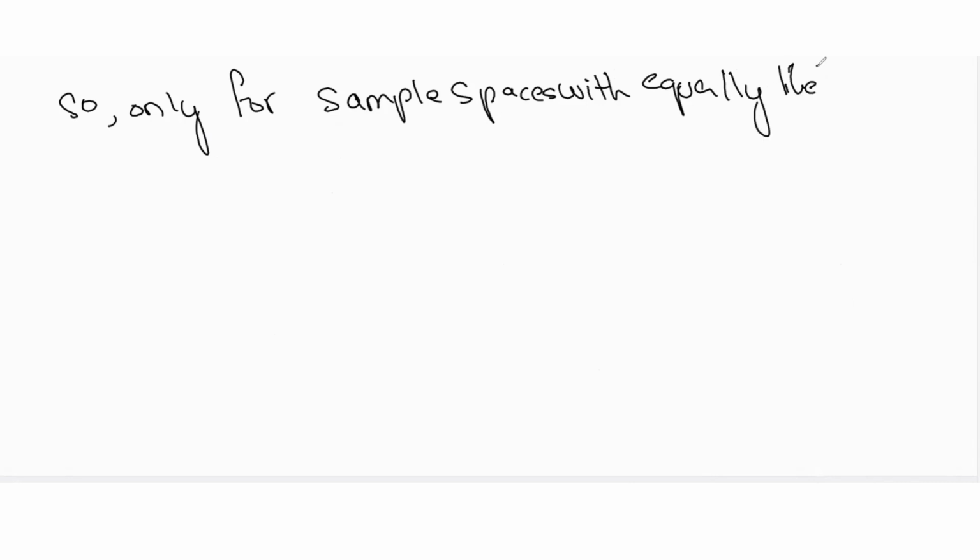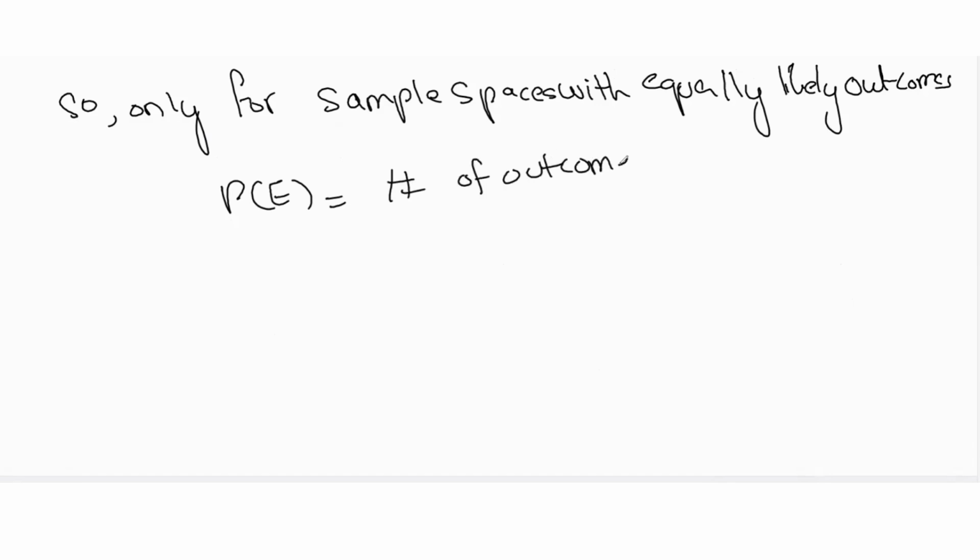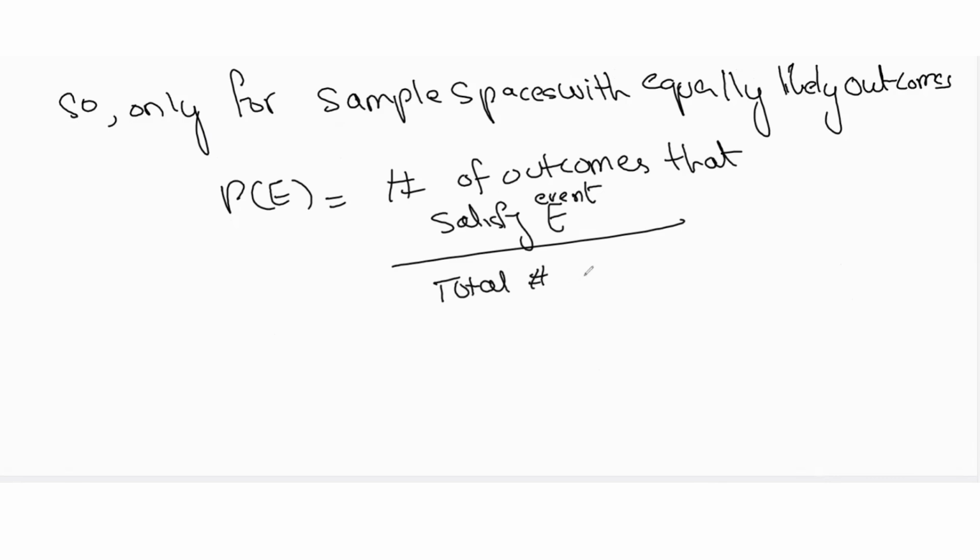So only for sample spaces with equally likely outcomes, which happens when you have a fair coin, fair dice, the probability of E is the number of outcomes that satisfy event E divided by the total number of outcomes in the sample space.